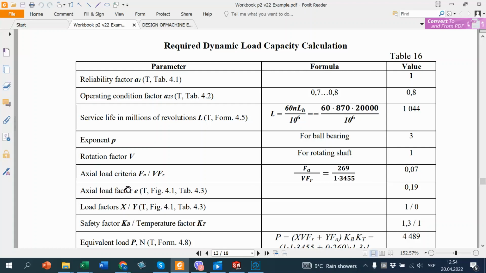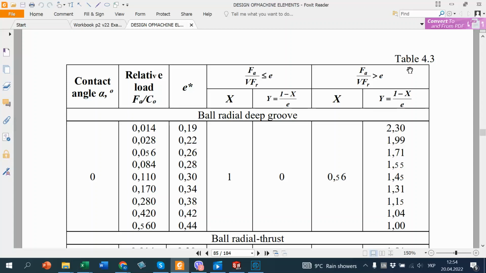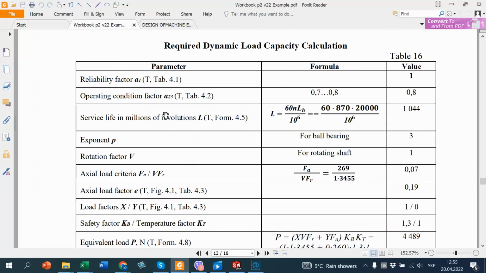Axial load factor, in the table for ball bearings, axial E, the minimum value is 0.19.